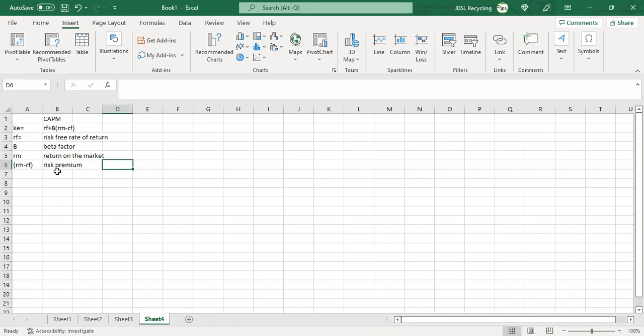Where the examiner does not give us the return on the market, RM, the risk premium will be provided. But where the examiner gives us both the return on the market, RM, and the risk premium, we can decide to use either RM minus RF, or use the risk premium directly.